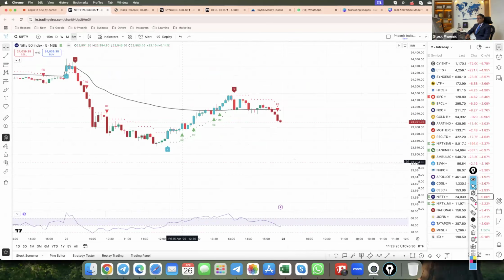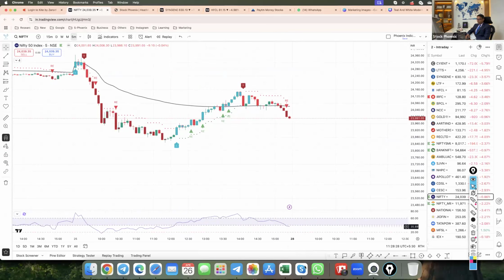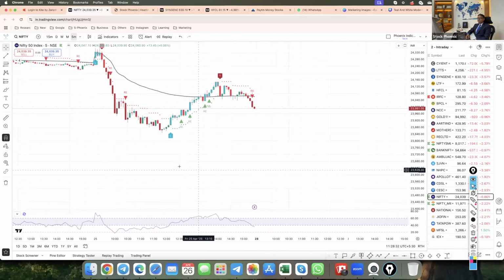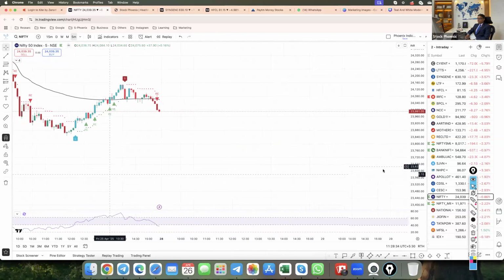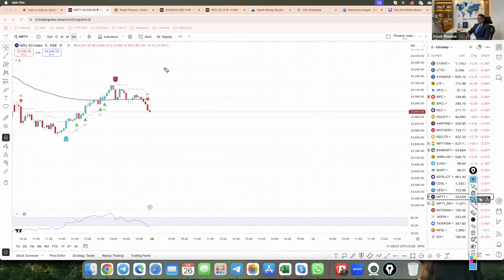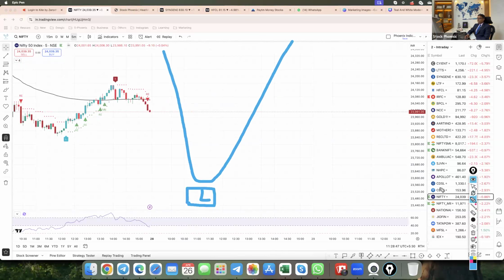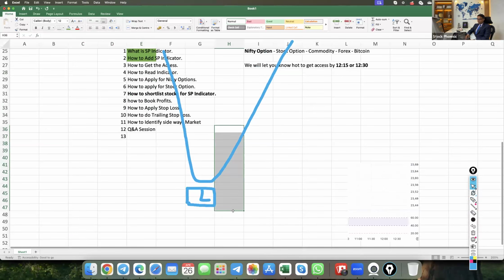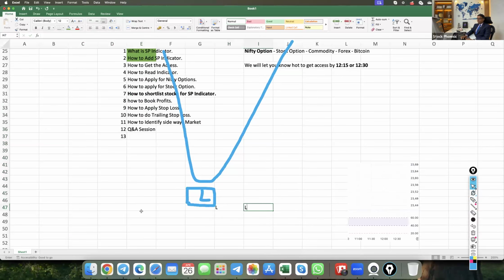First, let's understand the icons one by one, and I will tell you the usage of it. Now, please make a note. When the market comes down and goes up, the system will give you an L signal. L means it is a long entry. Clear for everyone?